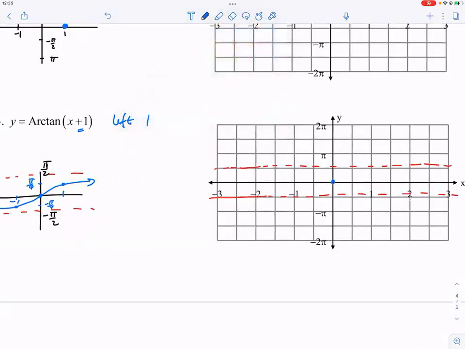So that's a 0, 0. Hold on, we're moving to the left 1 unit, so right here. All I'm asking you is just something like this. If you can give me the 2 asymptotes, if you can give me this point, I give you full credit. So we are just moving to the left 1 unit.